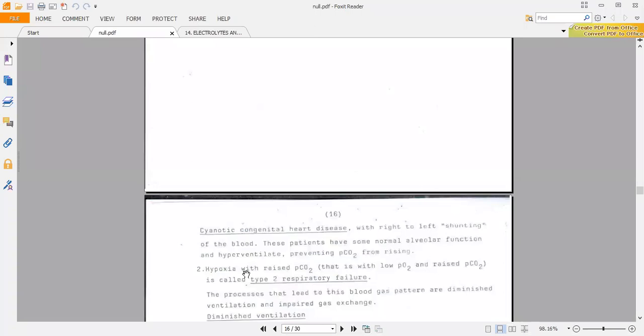But the fact is that if the primary pathology is with my lungs, either respiratory acidosis or respiratory alkalosis, we are saying the problem is with the lungs.